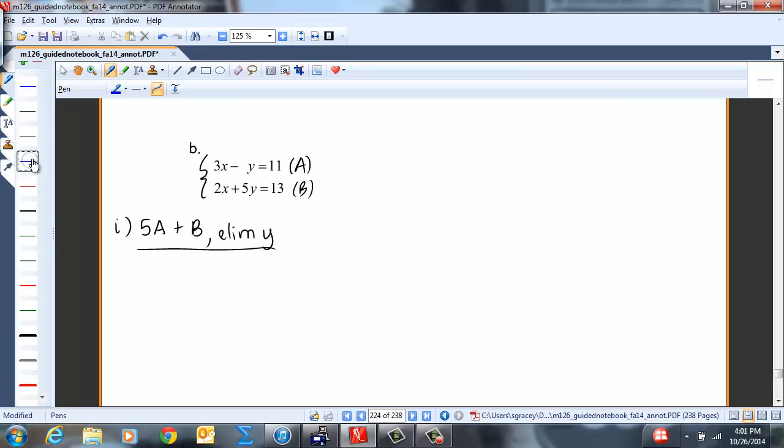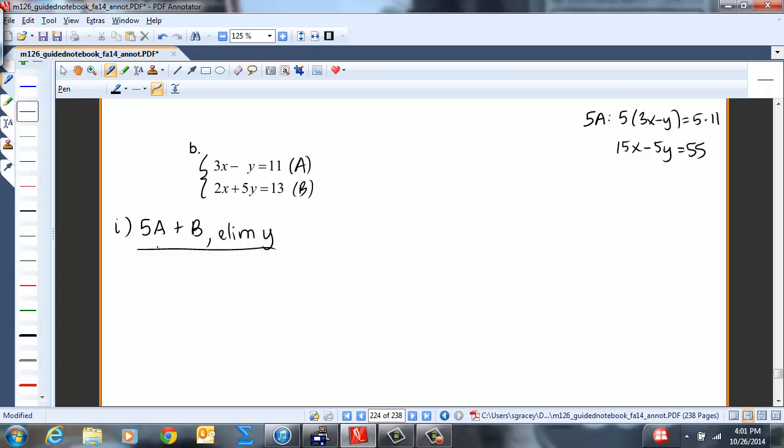So just a little side work. I'm not going to do this for everything, but 5 times equation A means I'm multiplying both sides of equation A times 5. So we would get 15x minus 5y is 55. Are we good there?